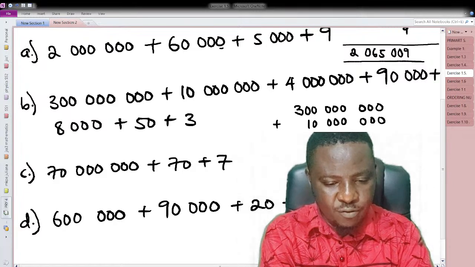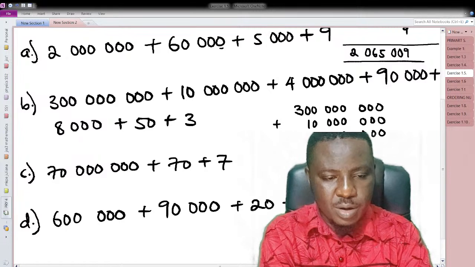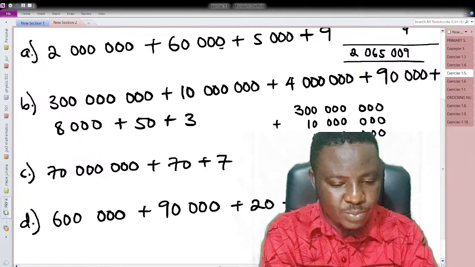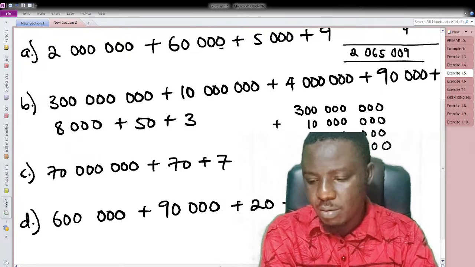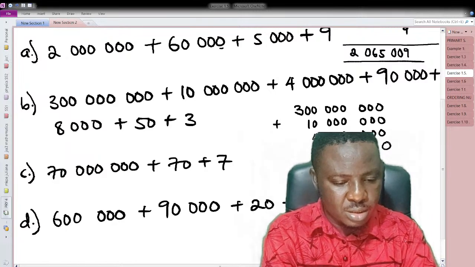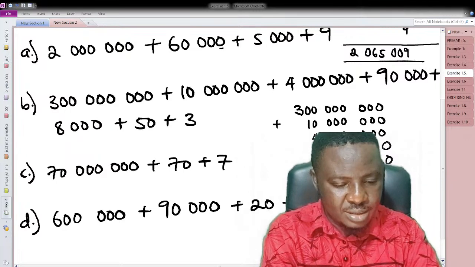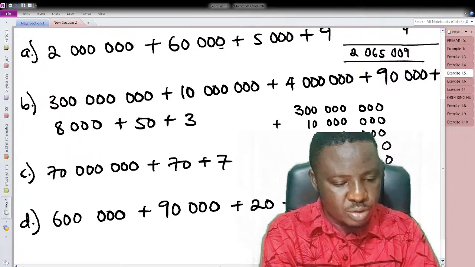This is the place value for million. Plus 90,000. What's the place value of 90? That's tens of thousands, plus 8,000 units of thousands, plus 50. That's tens, plus 3.